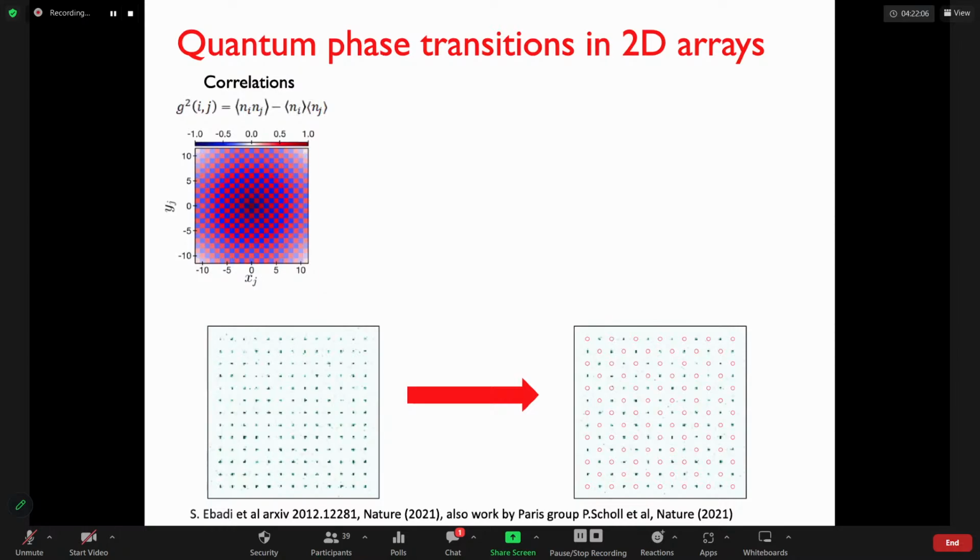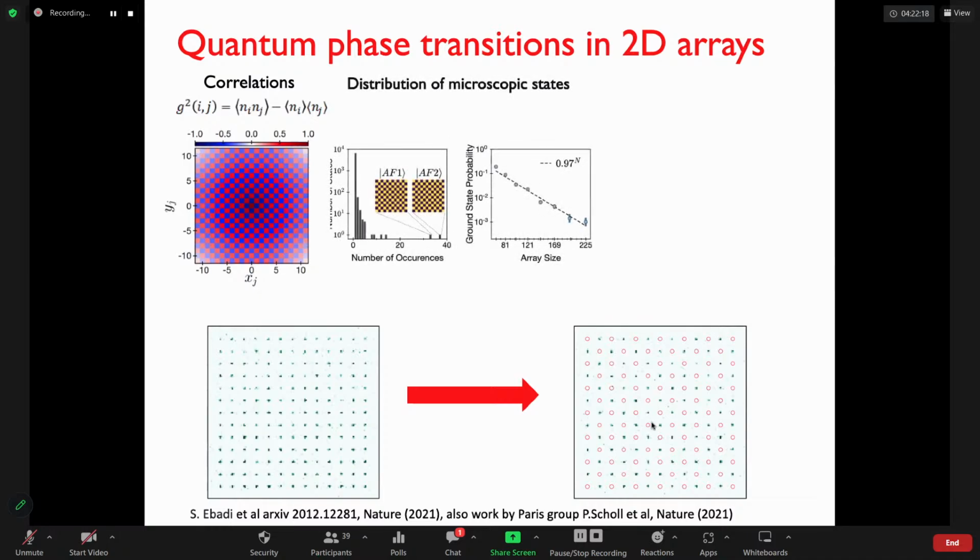You can also study these images microscopically. What happens is that this perfect ordering is not very frequent for large system size, but it is still the most probable. It turns out that this order and the order where the lattice is shifted by just one lattice site are the two most probable.